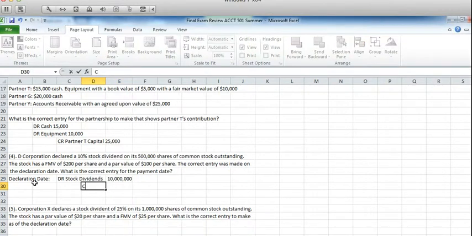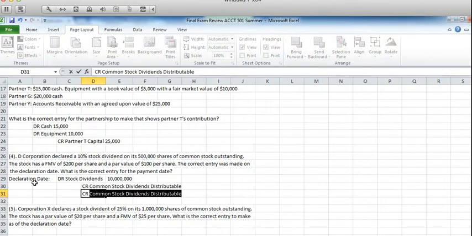Then we have common stock dividends distributable, and we have paid in capital in excess of par.